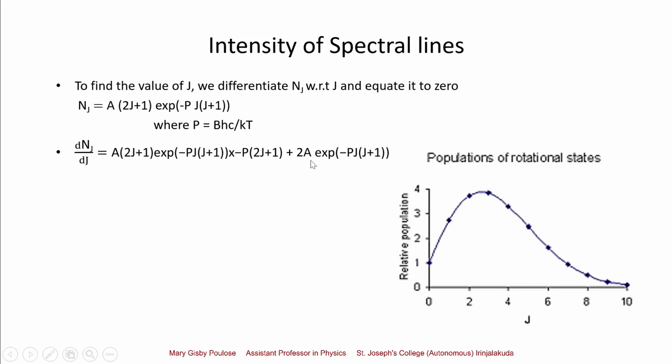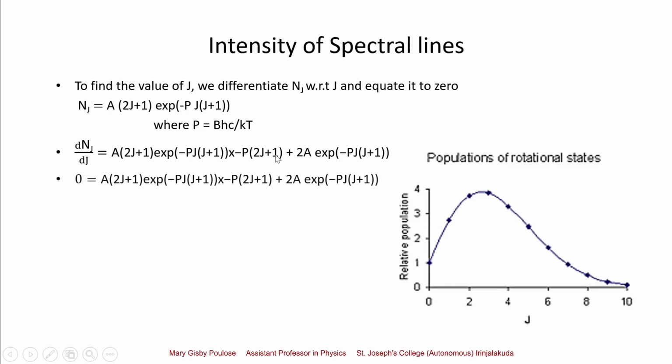So we took the derivative of the second term and then wrote down the first term's derivative. Here we have the term 2J plus 1 because we write the exponent as J squared plus J, and the derivative of J squared plus J will be 2J plus 1.